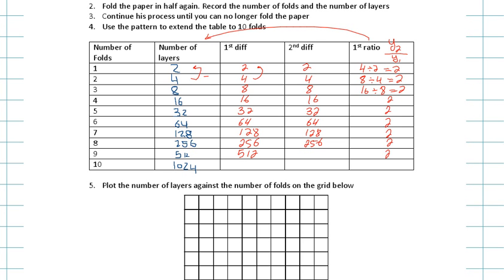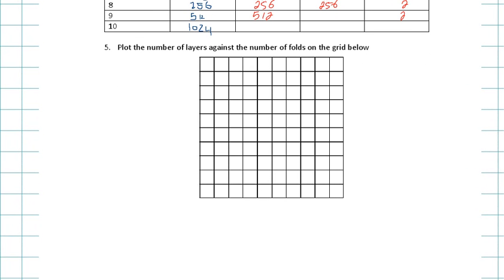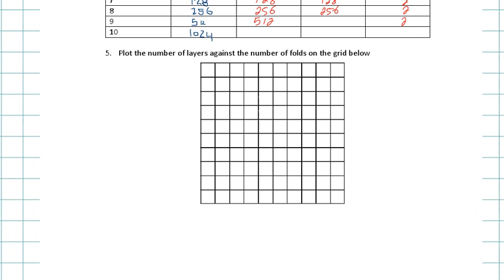So let's do the plot right here. It says plot the number of layers against the number of folds on this grid. I'm going to have the number of layers on the y-axis and the number of folds on the x-axis.